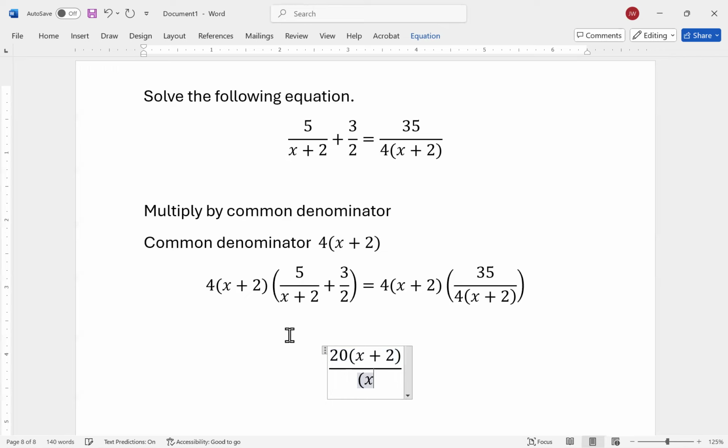In the denominator, I have an x plus 2 on that first term. Then I'd take 4 times x plus 2, and I'd multiply by 3 over 2. 4 times 3 is 12. So what that would give me is 12 times the quantity x plus 2 divided by 2.